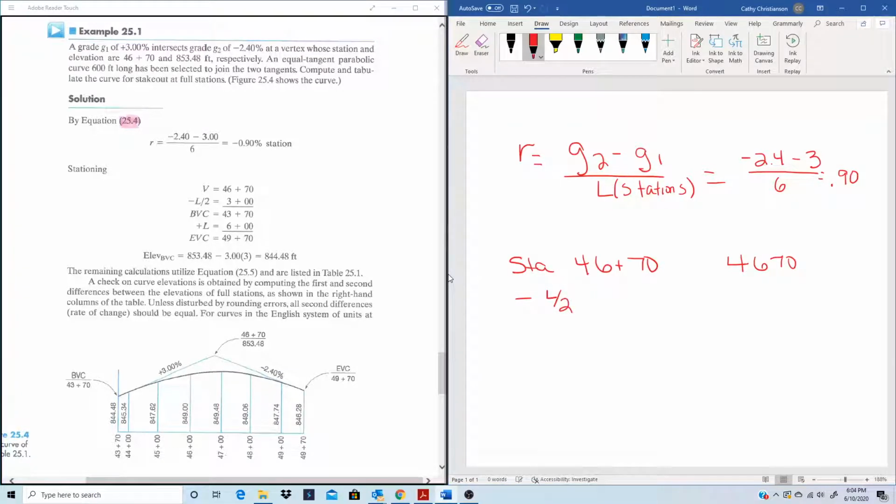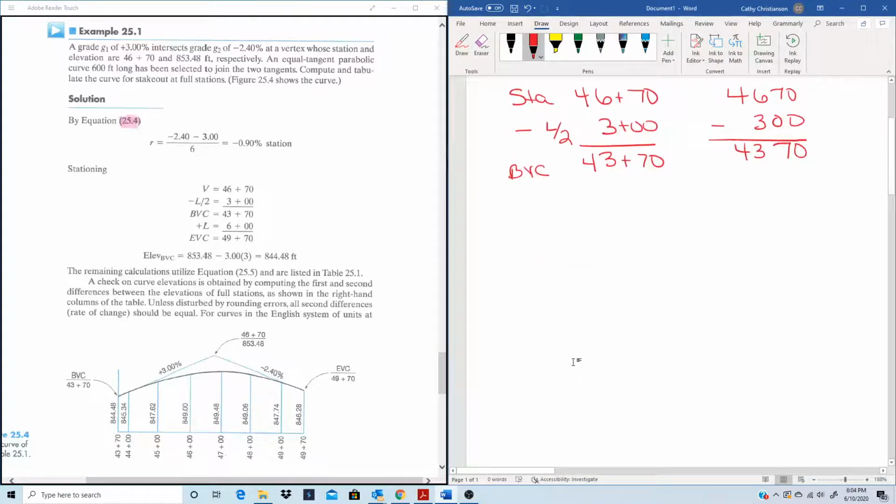So always half your curve. That's a 300. So the beginning vertical curve station would be 43 plus 70. So you would always subtract it. If I want to do it this way and take the pluses out, it would look like that. And then I would come back in and just put my plus in between.